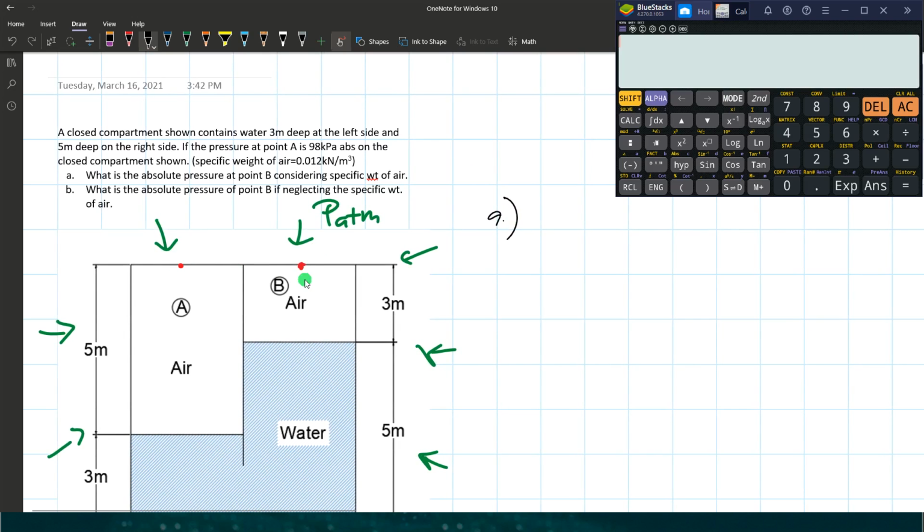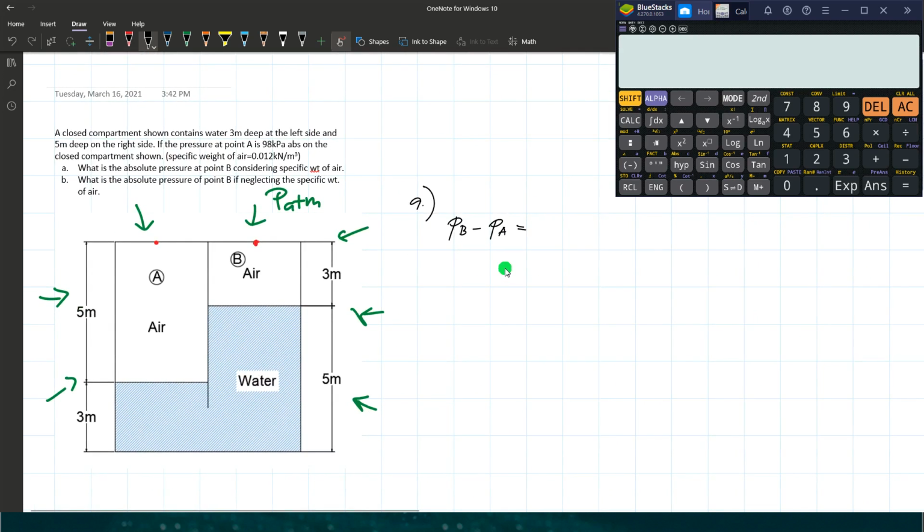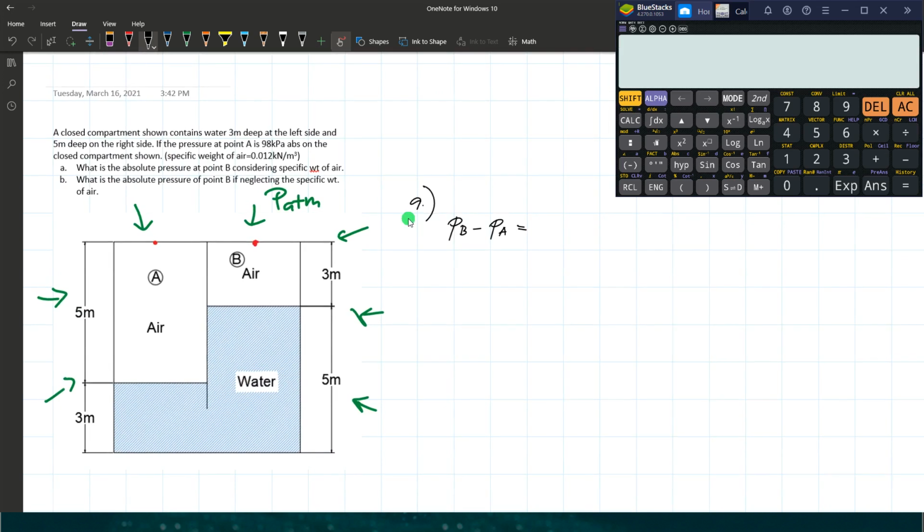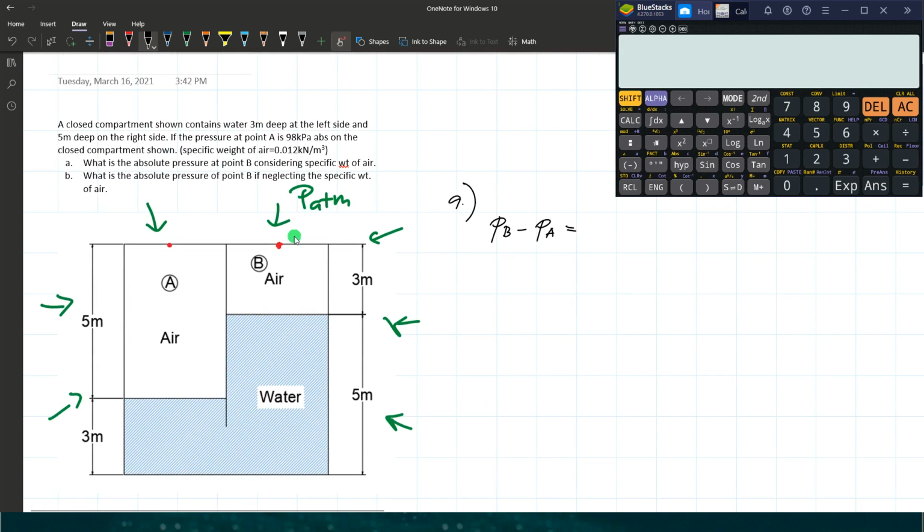So what is the absolute pressure at point B considering the specific weight of air? This is point A, point B. Let's determine the pressure difference from point A to point B. That is equal to the sum of the products of the unit weight of each fluid multiplied by its height. Starting at point A, we have a fluid here that is air.